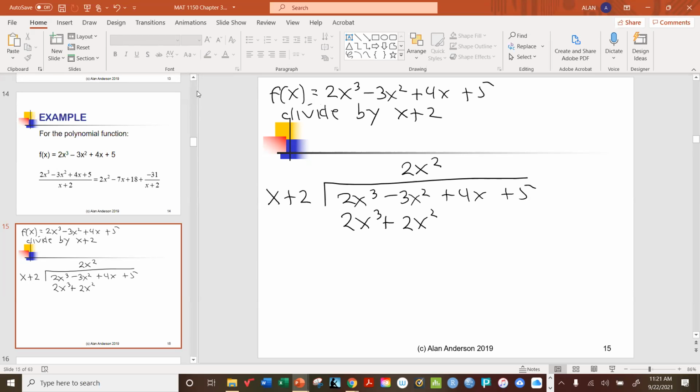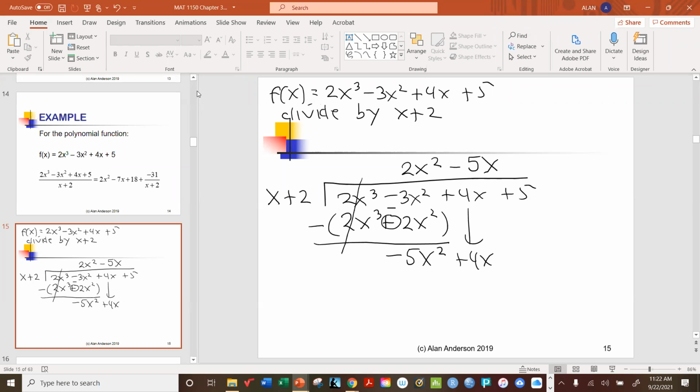What I'd like to do now is subtract this entire expression. You have to really watch the signs though, because these will cancel. This term becomes negative, and I end up with minus 5x squared. And then I bring down the 4x. Now what do I need? Let's try minus 5x, because that's going to give me minus 5x squared minus 10x.